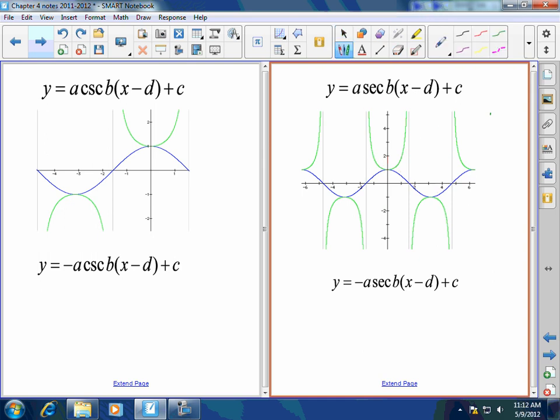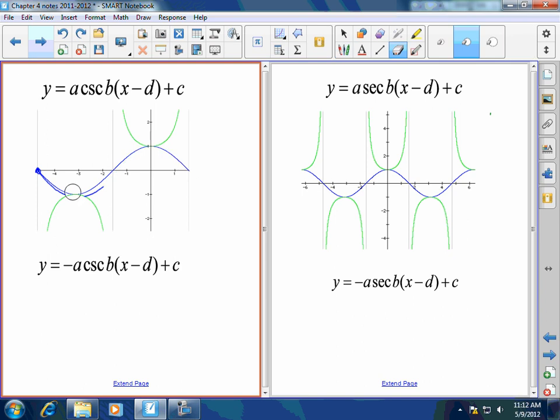No, there's nothing to do. When I have a cosecant, what function is reciprocal to cosecant? Guys, look at this. Isn't this a sine graph? So what you do when you see cosecant is you graph the sine graph, right?